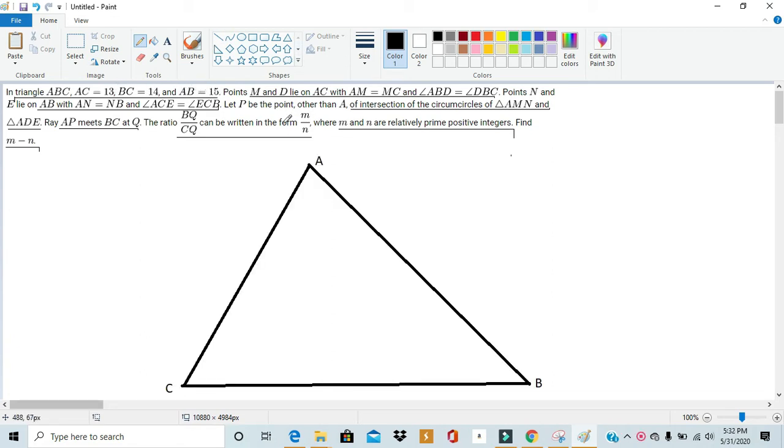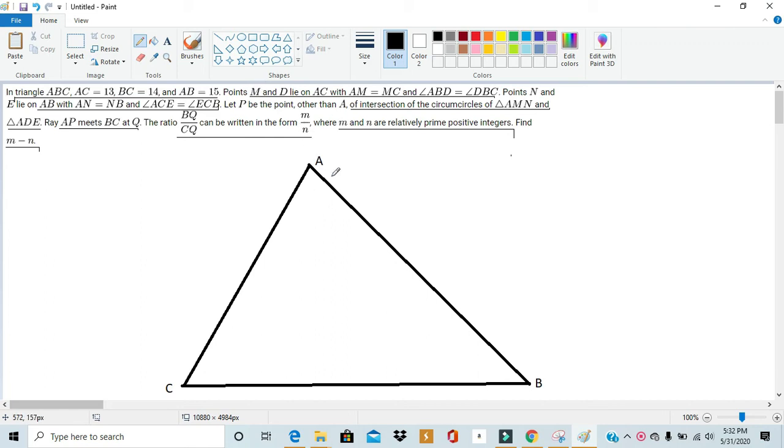The next thing we have to do is the second phrase of the problem. Make sure we draw points M and D on line AC such that AM equals MC and angle ABD equals angle DBC. Well, first, since AM equals MC, we can see that M is quite clearly the midpoint.